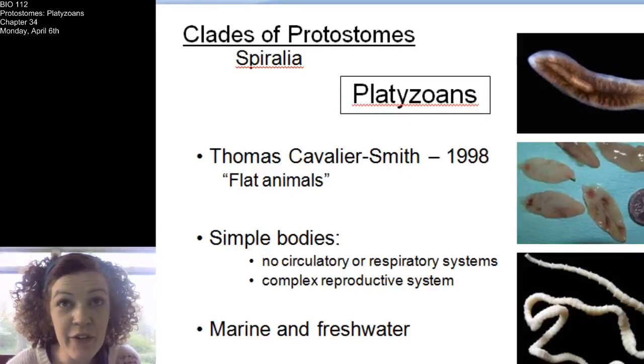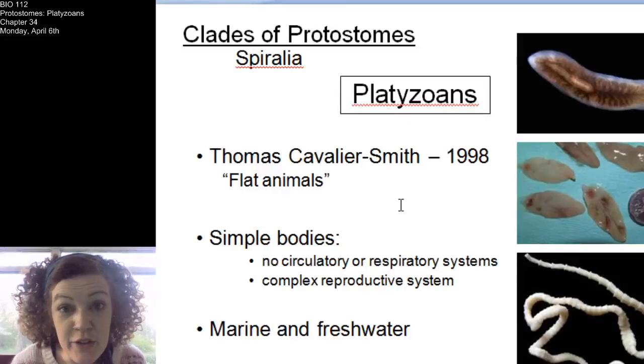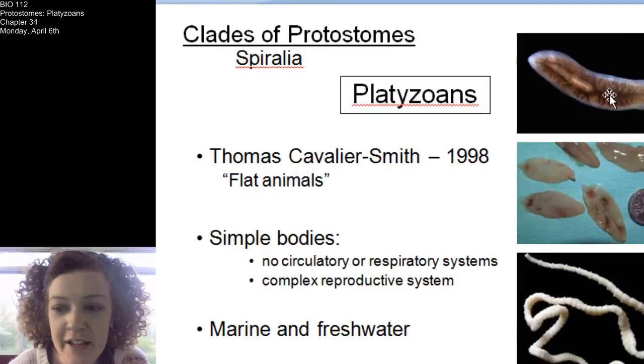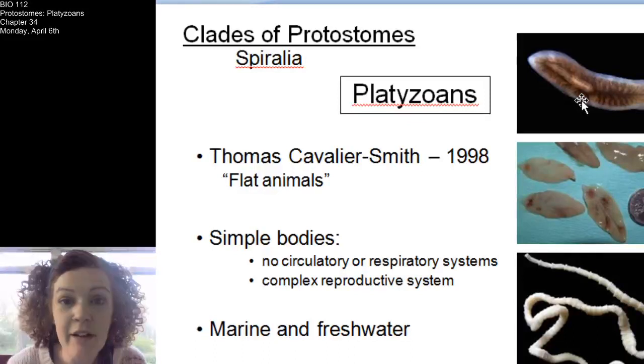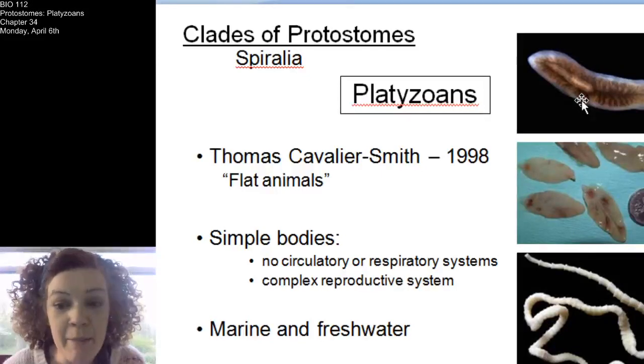They don't really need them because most of them, I shouldn't say most of them, all of them, their bodies are so flat that you actually have gas exchange right across the surface of the animal. So they don't have to worry so much about moving oxygen into their tissues and CO2 out because it diffuses because they're little flat buddies.